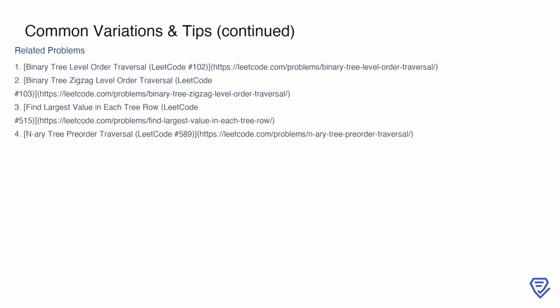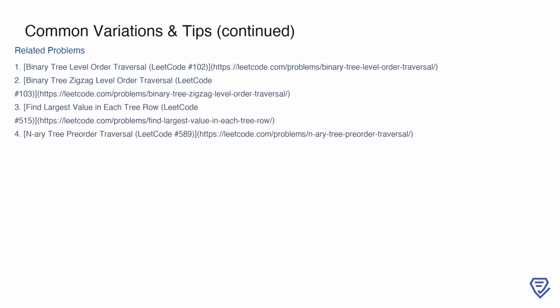This demonstrates not just your technical skills but also your ability to communicate your thought process effectively. If you want to deepen your understanding of N-ary tree level order traversal, exploring related problems can be incredibly helpful. For example, binary tree level order traversal, which is LeetCode problem number 102, is a simpler variation and a great starting point. Binary tree zigzag level order traversal, problem number 103, introduces additional complexity by alternating the direction of traversal for each level.